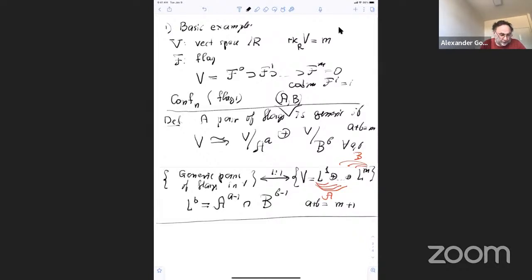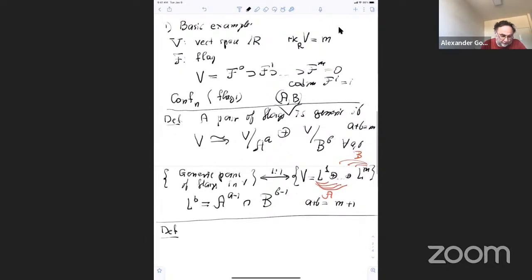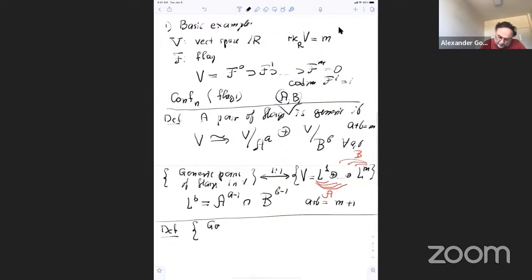What about triples of flags? So first of all, we want to have a similar definition.